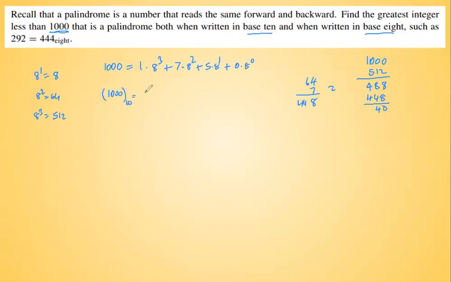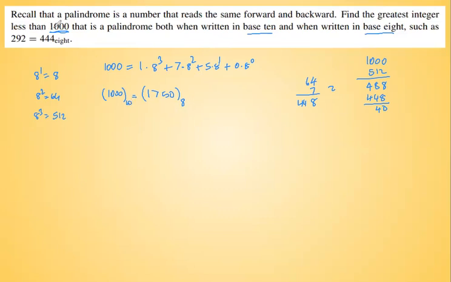This number in base 10 is equal to 1, 7, 5, 0, and this is going to be base 8. I'm assuming you have some base background, which is why I'm not going to really dive into how we got these. I hope you know what I'm doing right now. So 1,000 is the same as 1,750 in base 8.